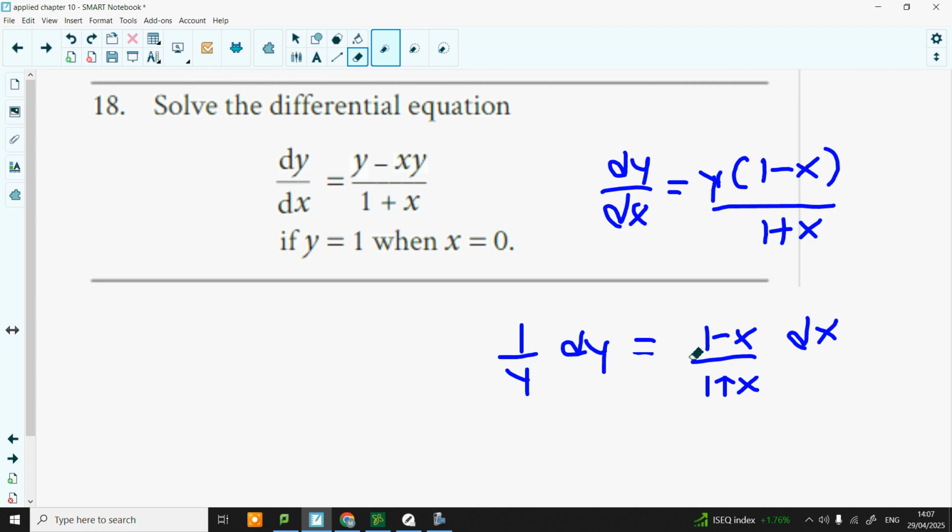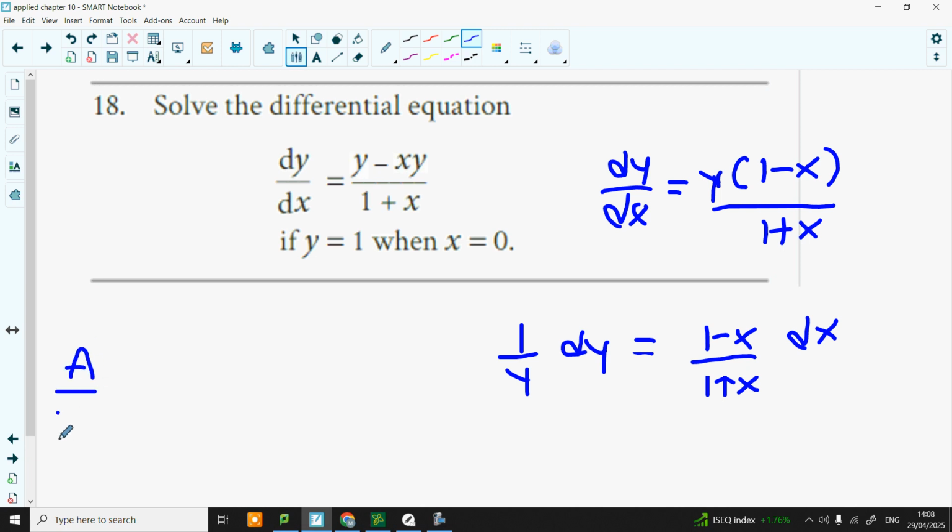No. So does anybody remember doing partial fractions? Yeah, I think we're going to have to go down this route. Perhaps, yeah, let's try it out.